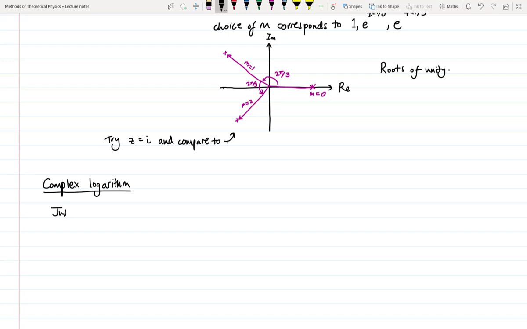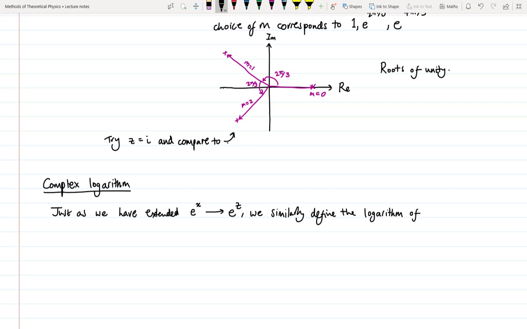Just as we have extended the exponential function with real arguments to the exponential function with complex arguments, we similarly define the logarithm of a complex number.